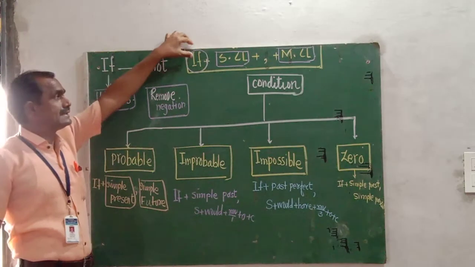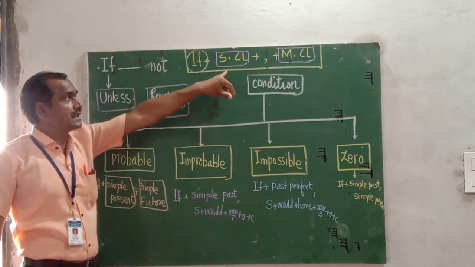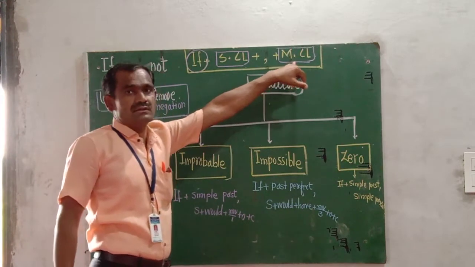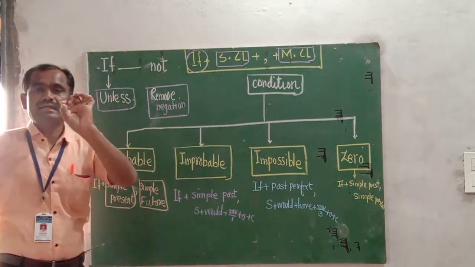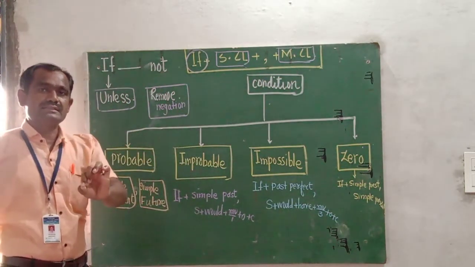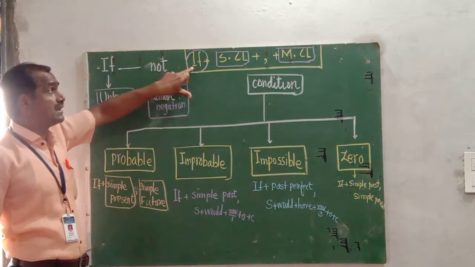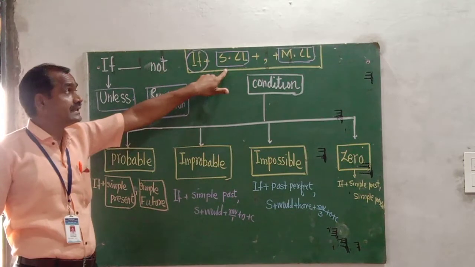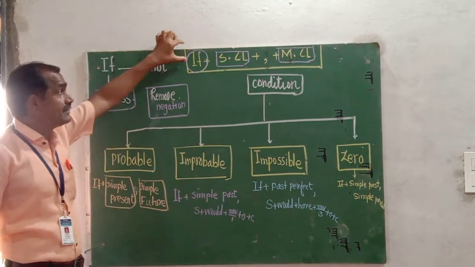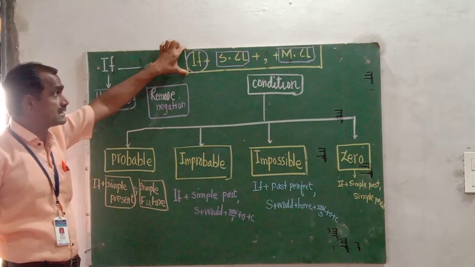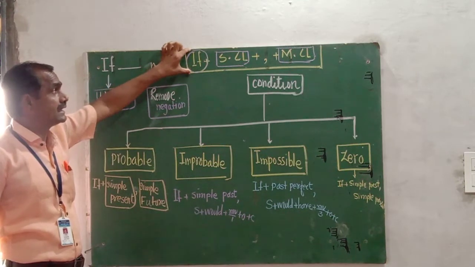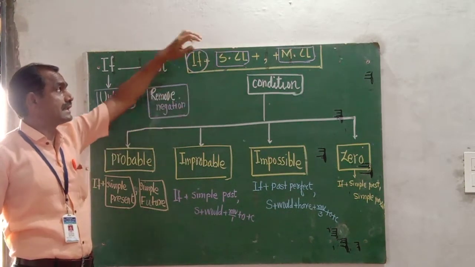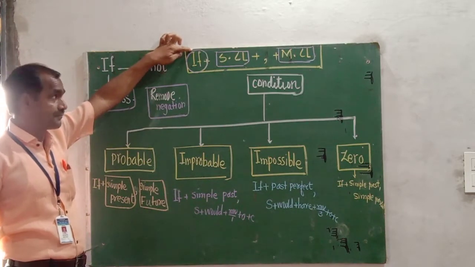Now, as this shows the condition, the result is given in the main clause. If is a subordinating conjunction, and there is a subordinate clause in the sentence with if.